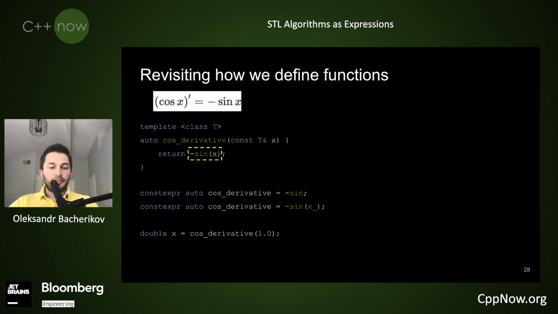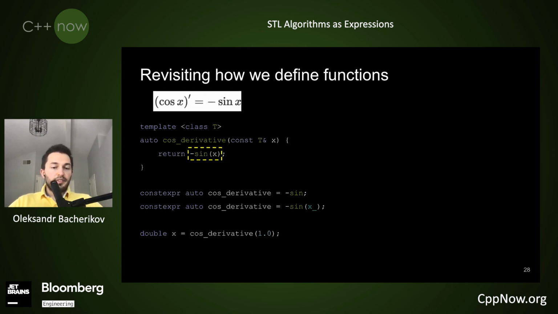So I think it's natural to interpret this notation as a function that takes one argument, passes it to sine first, then passes the result to minus. And the second option makes it more explicit. Here, x underscore denotes that we have a function of one argument, and x is this argument. And I'll get back to its implementation shortly.